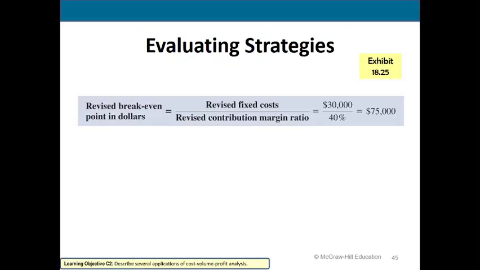It would decrease variable costs by $10 per unit, which means variable costs will go from $70 per unit down to $60 per unit, which means that contribution margin per unit will go to $40 per unit. So it'll increase by $10.